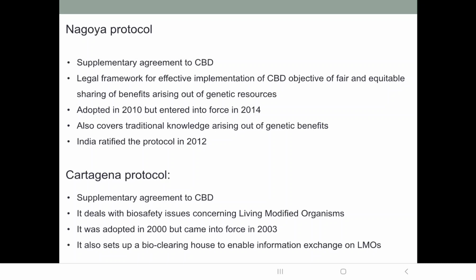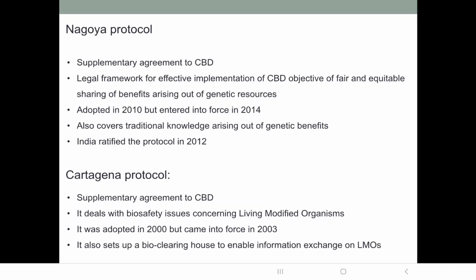There is also a dispute resolution mechanism to resolve any disputes arising from the utilization of resources. Sometimes a mountain or biodiversity protected area is present between two different countries. In that case, a dispute arises about who should access the biodiversity resources first. So there is a dispute resolution mechanism in the Nagoya Protocol regarding the utilization of resources.